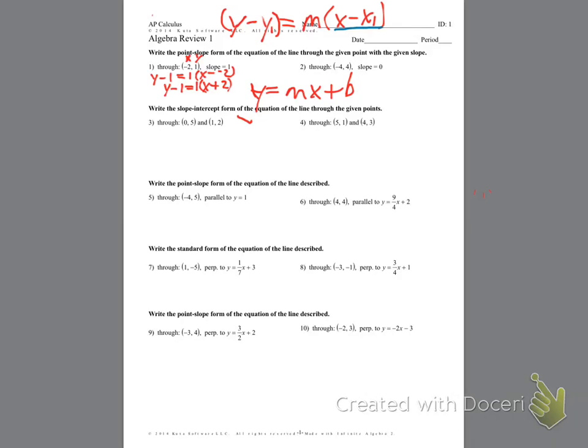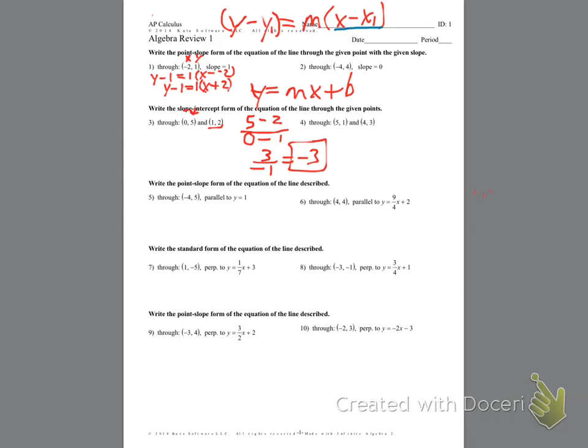So let's just do that real quick. So the slope of this equation are these 2 points. The differences in the y's, we have 5 minus 2. Since we subtracted 5 first, for the y coordinate we're going to use the 0 minus 1, and we get 3 over negative 1. So the slope of this is equal to negative 3.